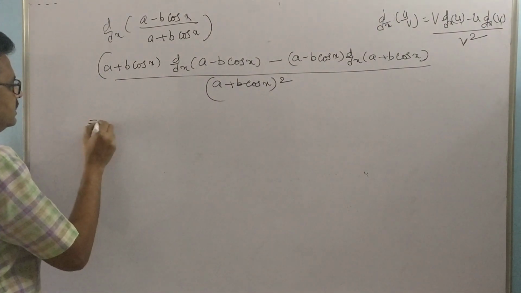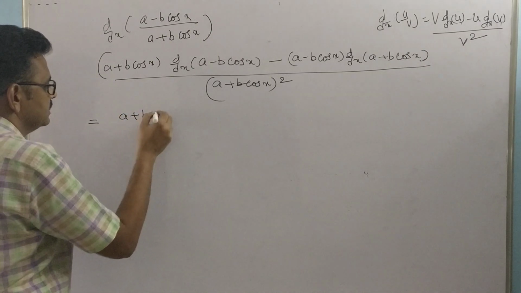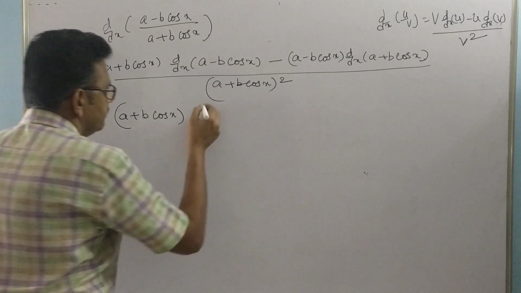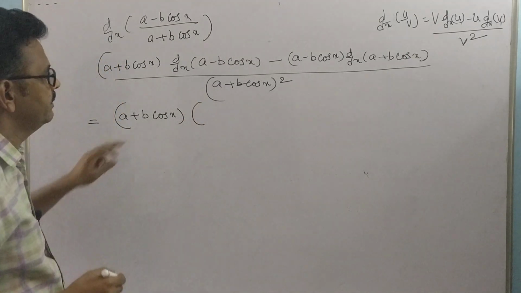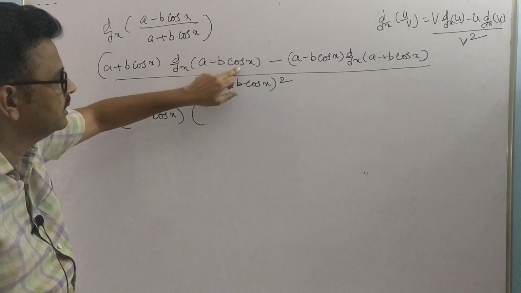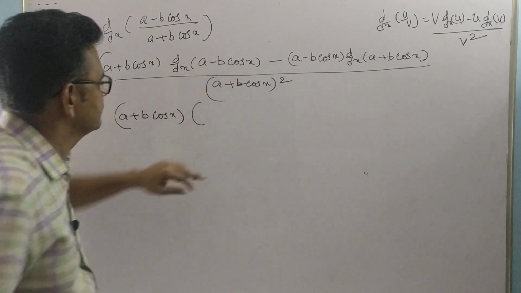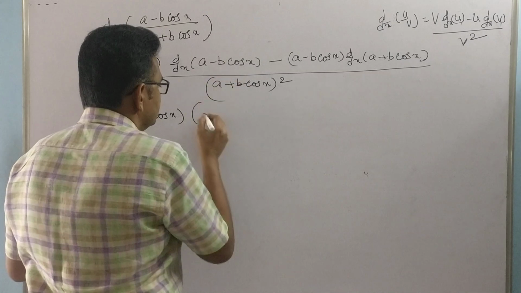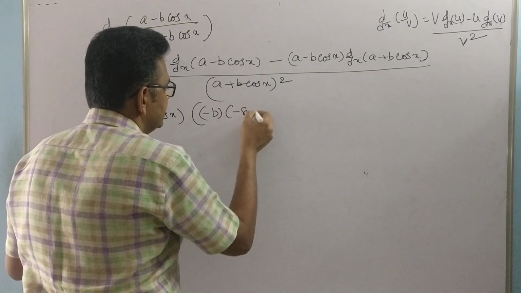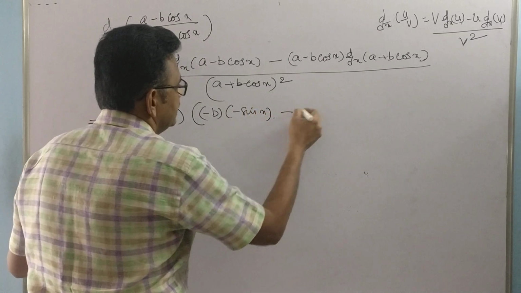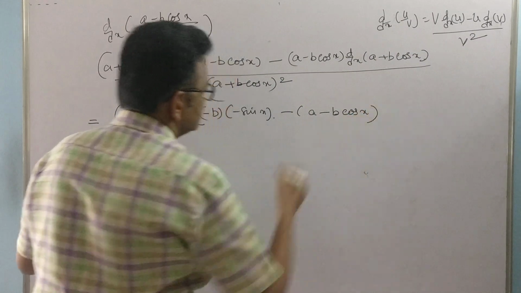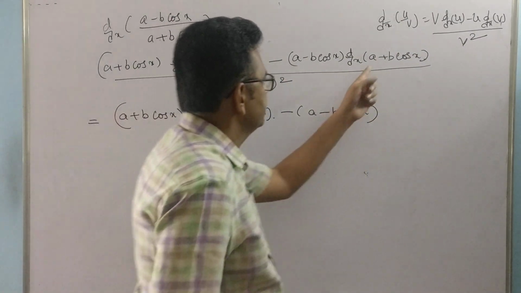So this is equal to a plus b cos x into derivative. Derivative of a is 0. Derivative of cos x is minus sin x. So the minus b into derivative of cos x, minus sin x, minus a minus b cos x into derivative of a, which is 0.